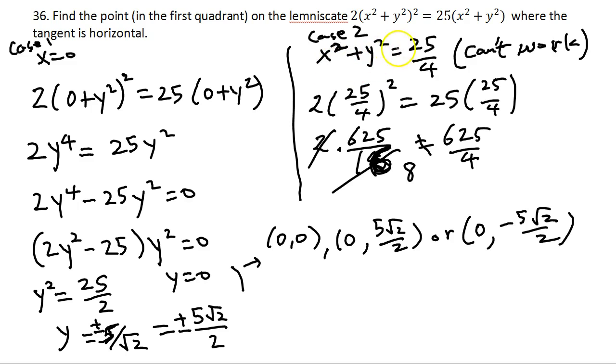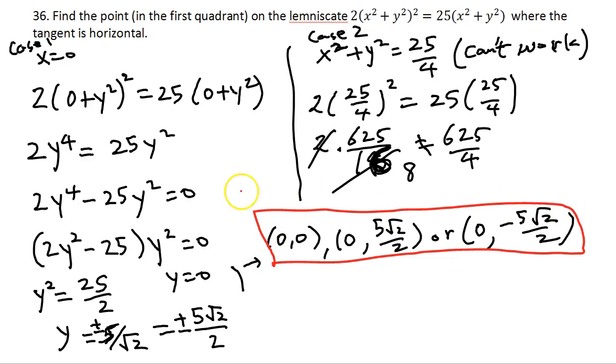If x squared plus y squared is equal to 25 over 4, then this can't be true. So that's something that we see. Therefore, our final conclusion is that these 3 points are the only points where the original equation has horizontal tangent lines.